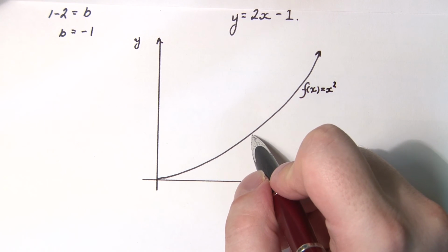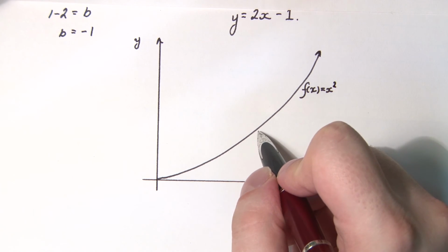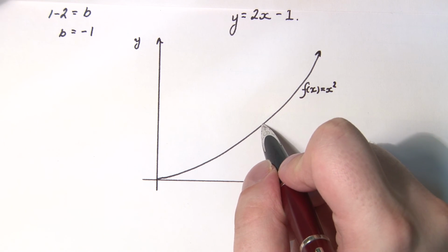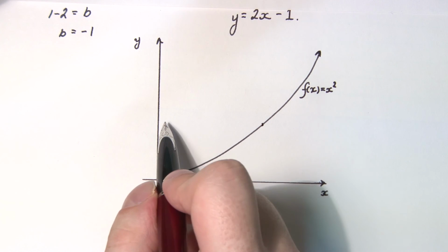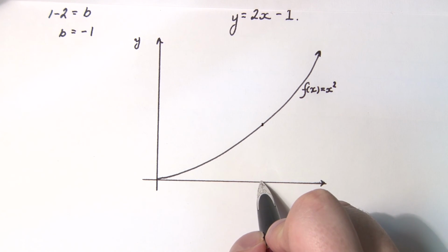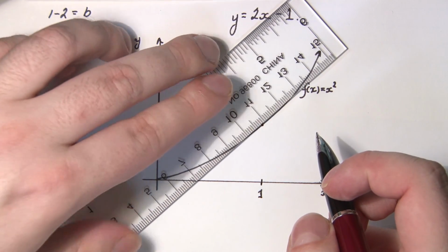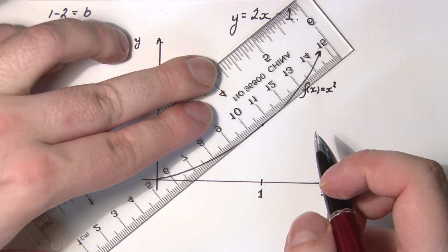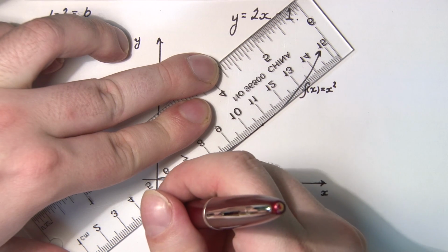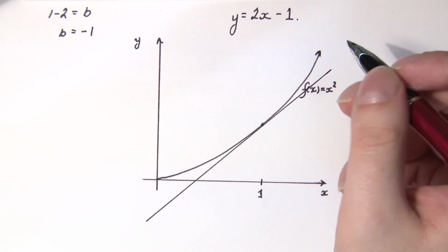So I have it at some point, let's say about here. And that's where it'll be 1. And there's the tangent.